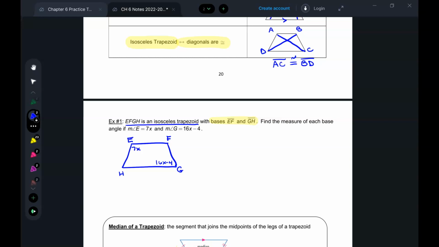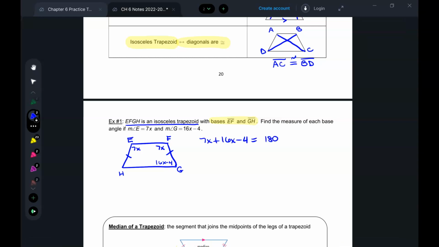No. So they can't be equal to each other, but they can add up to 180. I know that because the base angles are congruent. So if the top is 7x, this has to be 7x, and then I can just make the pair add up to 180.